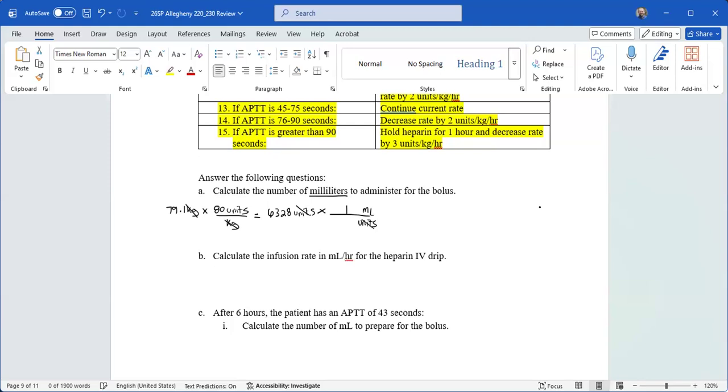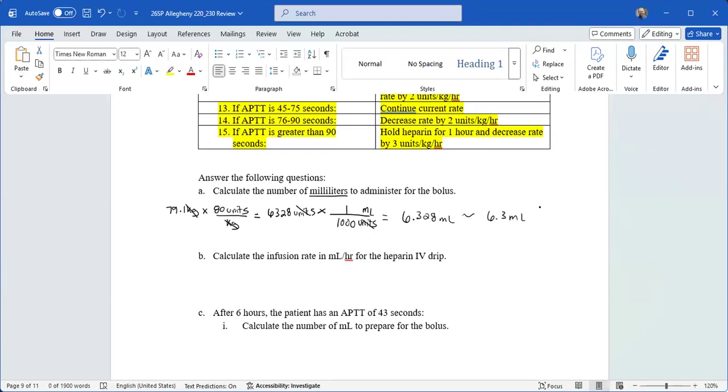So 1 milliliter, 1,000 units. And I'm going to get an answer of 6.328 milliliters, and then we would round to the nearest tenth for a final answer of 6.3 milliliters.